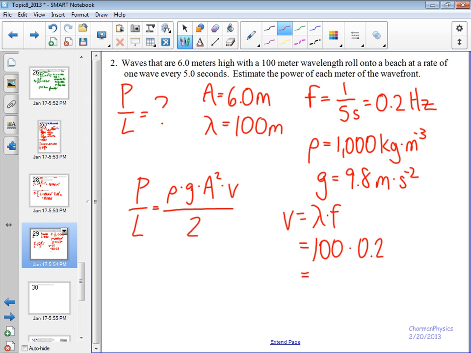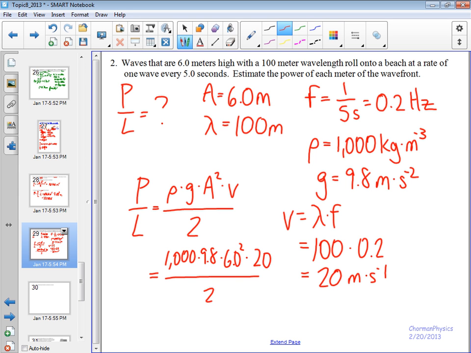So 100 meters times 0.2 hertz is going to give us 20 meters per second. And substitute all these values in here. Should give us a value of 1.2 megawatts per meter of wavefront.